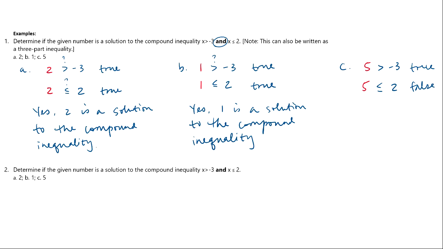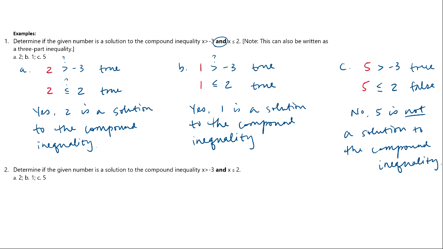With that information, because we require "and," this overall is not true, since both statements need to be true. So we would say, no, 5 is not a solution to this compound inequality. And that's how we can write out the conclusion.